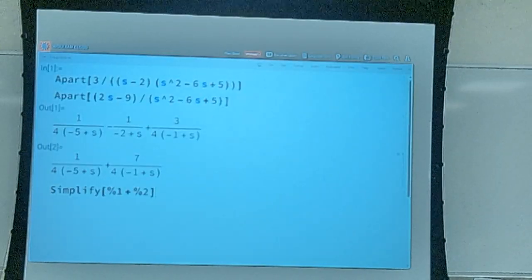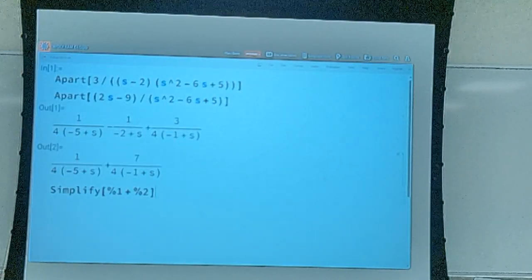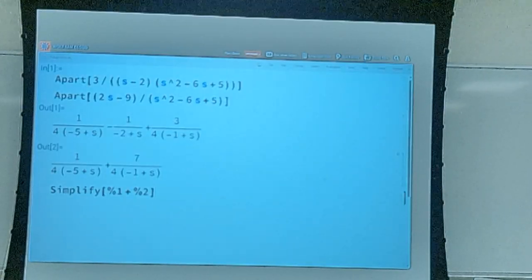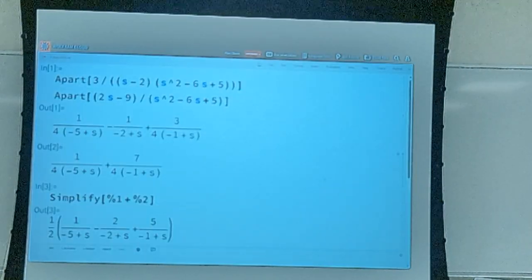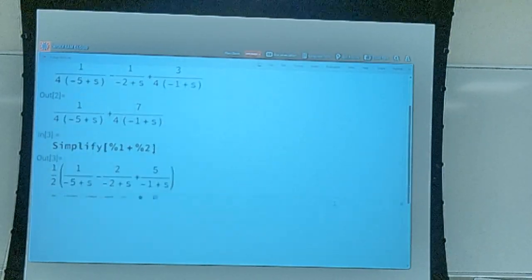There's a reason I didn't put them together, because it could have been possible that that second fraction didn't decompose. So I just wanted to be safe. So I'll just simplify their sum. Oh, that is so nice. It looked hideous, but now look how nice it looks.